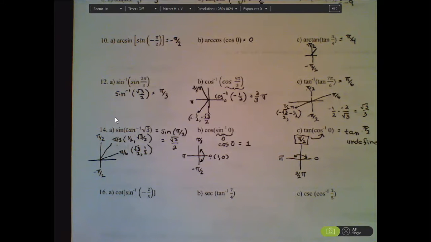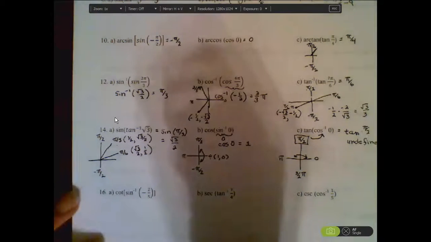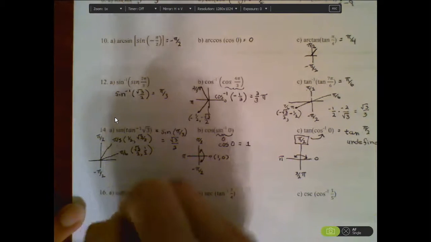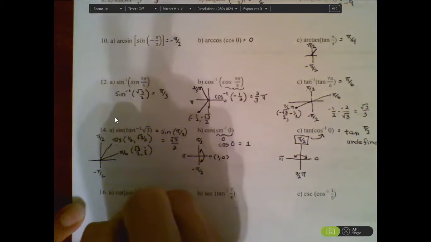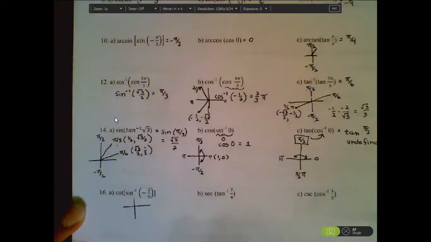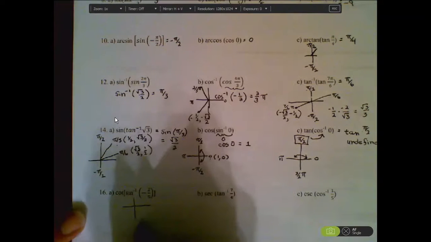No, they don't. So we've done something similar to this before. We've said, I don't know the angle whose sine is -2/5, but I could draw a picture of it. I could draw a fourth quadrant angle.